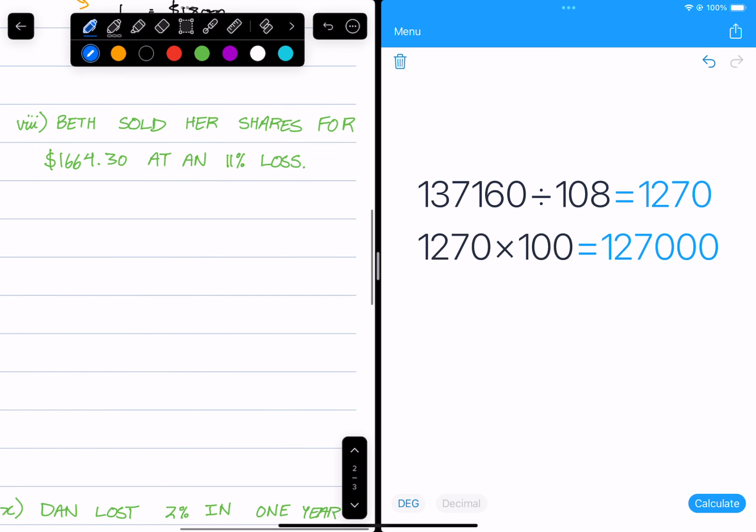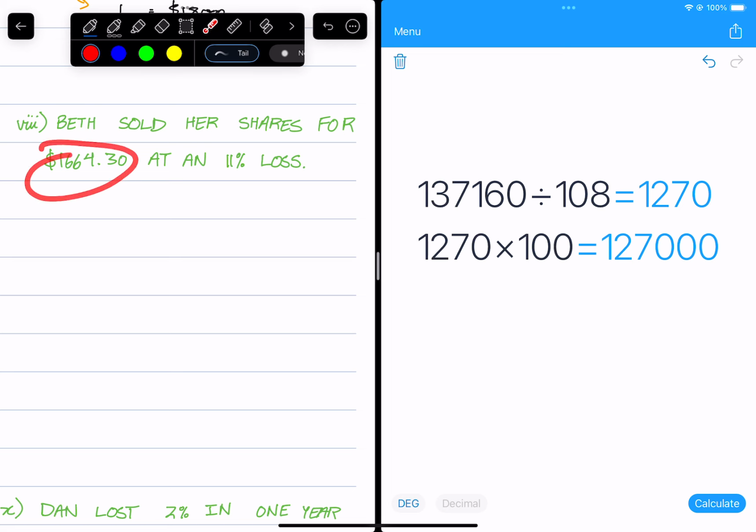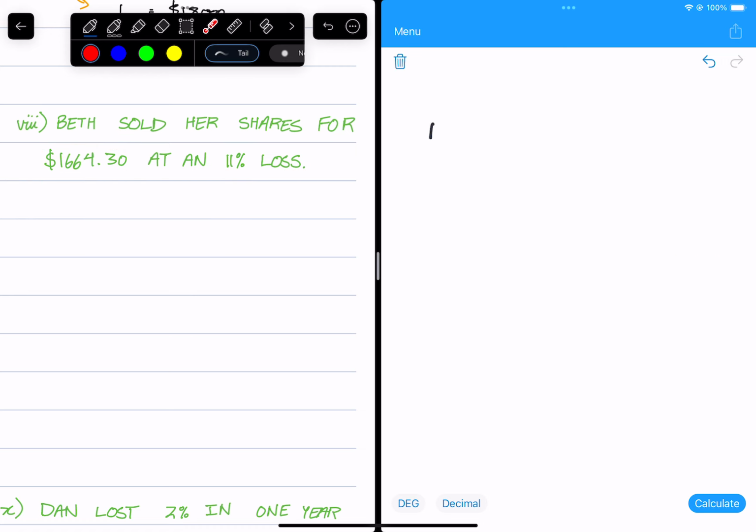Beth sold her shares for this amount at a 11% loss. Once again, not to be confused, this amount already has the 11% loss. So 100 minus that 11% loss is 89%.